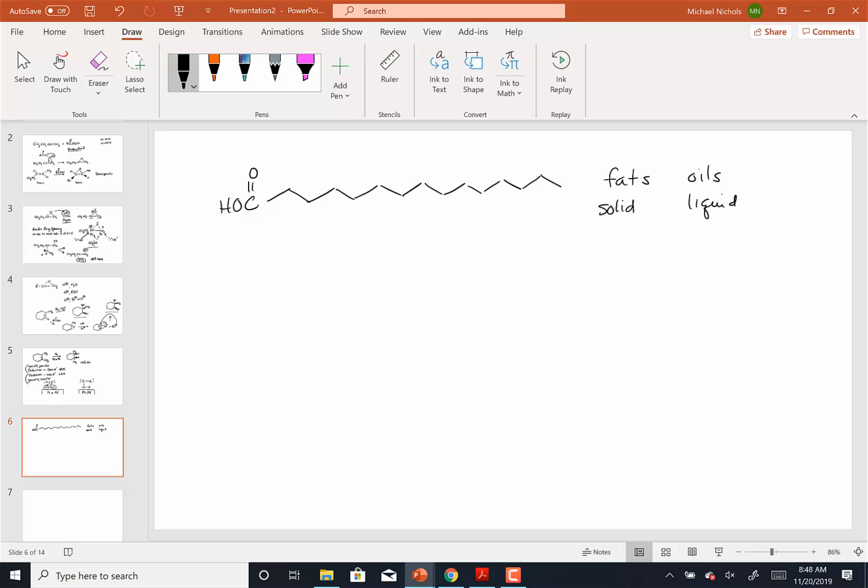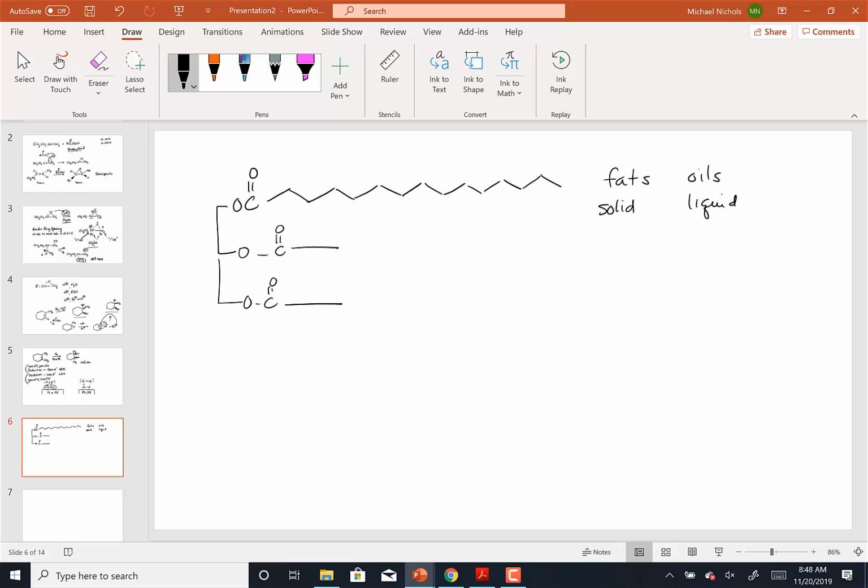And usually what happens is that the carboxylic acid might be tied up as a triglyceride ester, like you might talk about in biology. Triglycerides are considered fats. A triglyceride would have not the fatty acid, but as its ester part it would have glycerol, and then attached to each one of those would be my fatty acid.